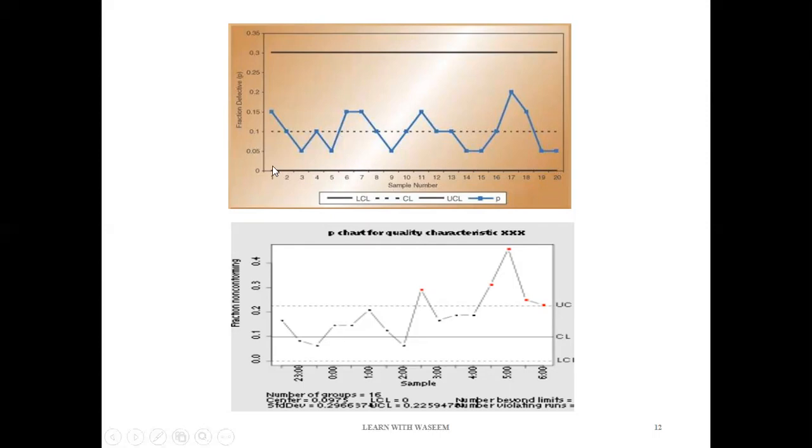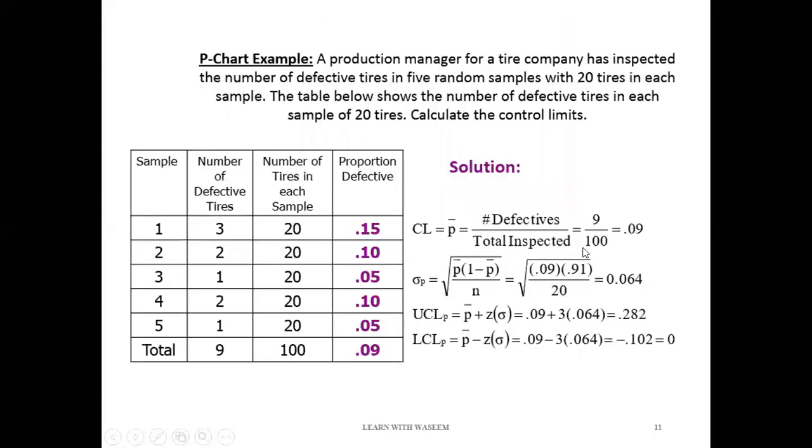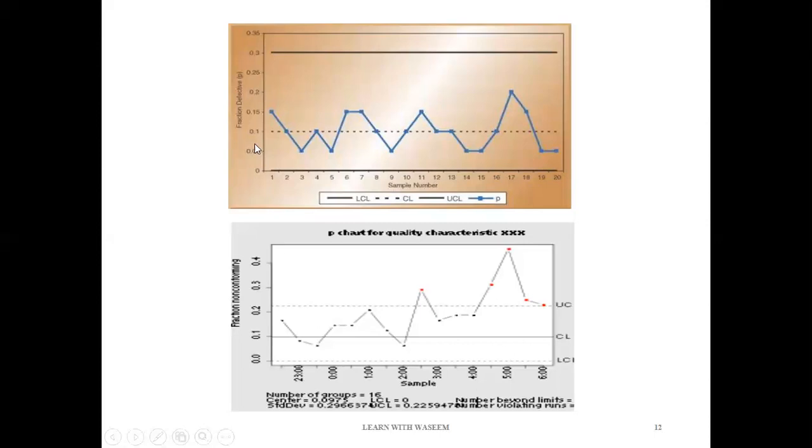The value of the lower control limit was 0, and the upper control limit value was 0.282, so 0.282 here. And these are our data. Both of these charts represent the previous example.